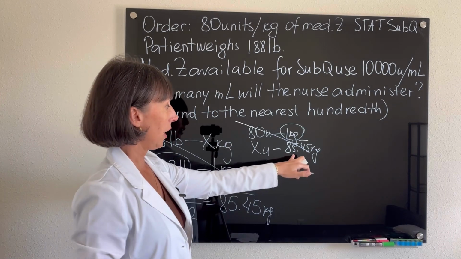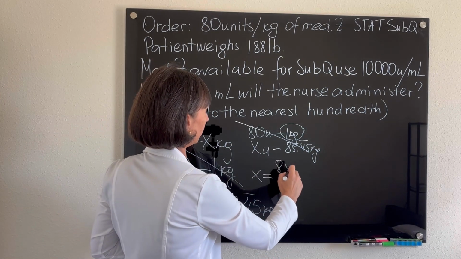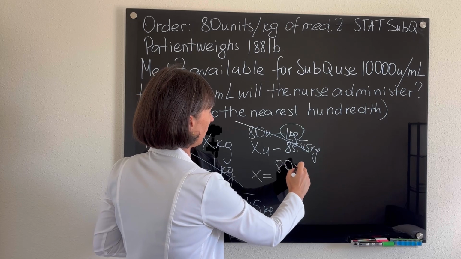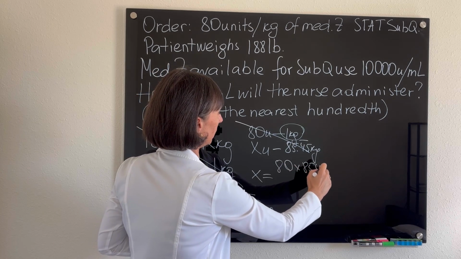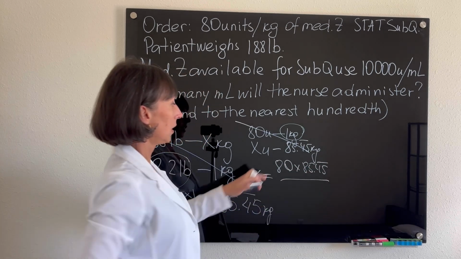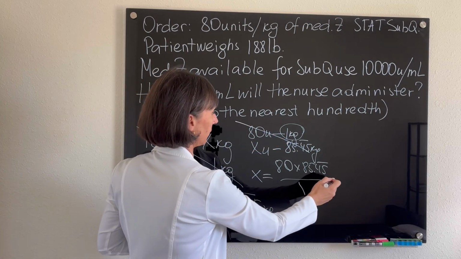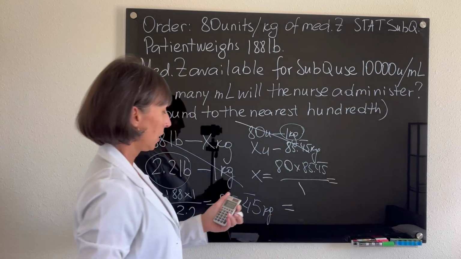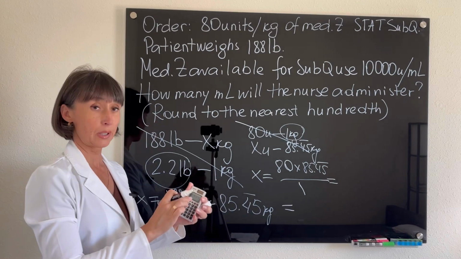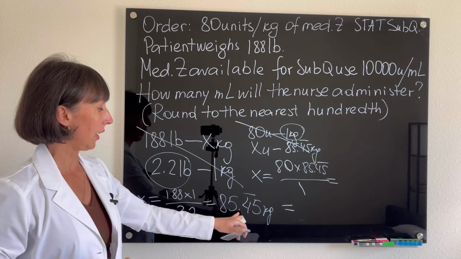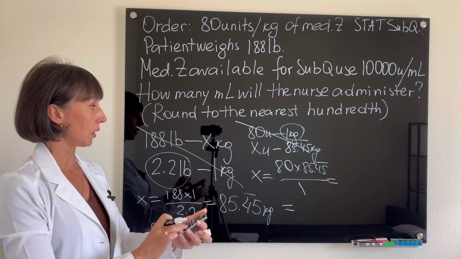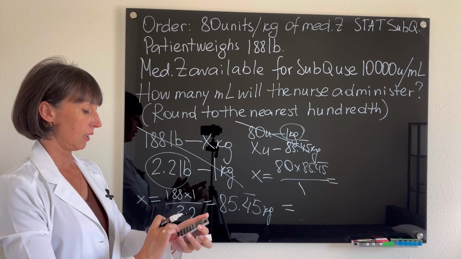80 times 85.45 divided by 1. And that equals, and I'm going to keep the weight that I found on my calculator, and I'm just going to times it by 80.